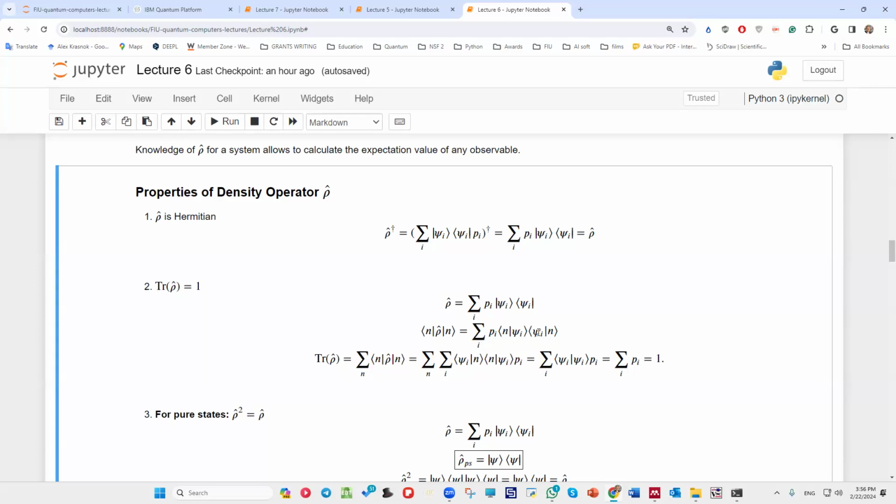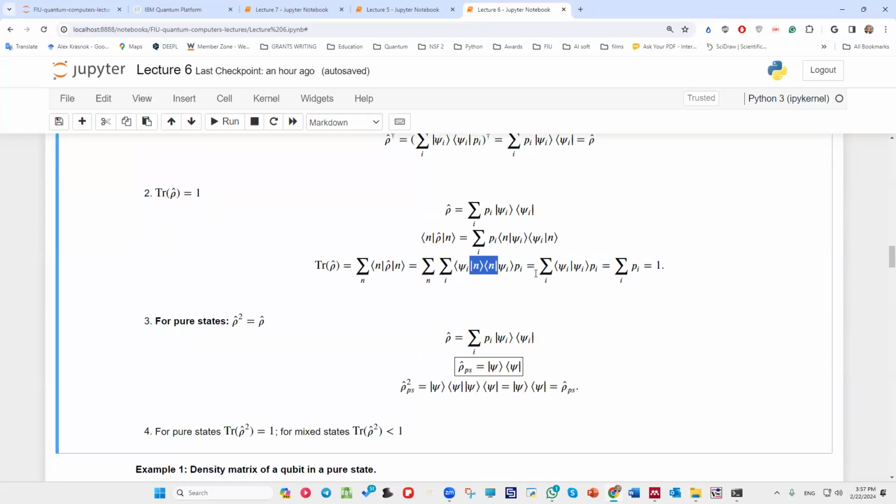And next, again, these two inner products are complex numbers, and I can write them in a different order. So I can, for example, put this number before the first one, and the result is here. And then I notice that the summation over n of these two vectors in the middle is the identity operator. And I omit this identity operator.